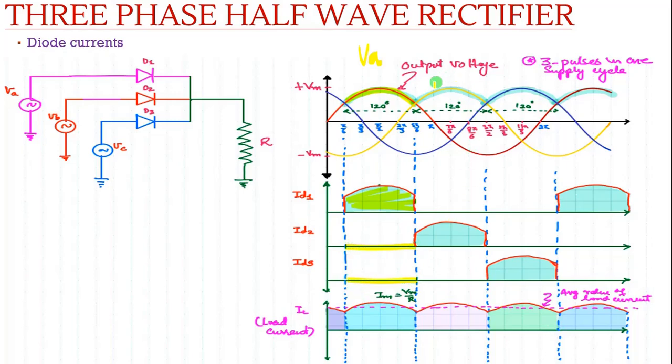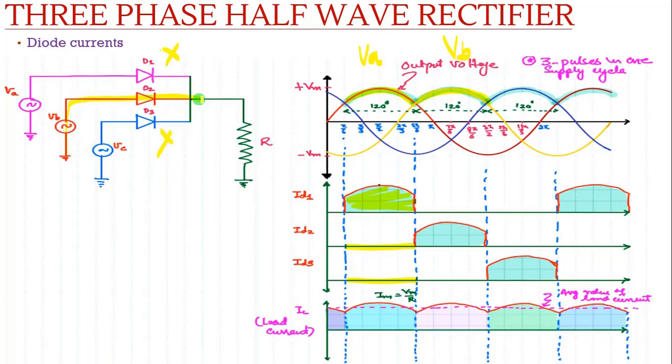And you can see here VB, the voltage across line B, is maximum. So VB will come to the output, and at that time VB is connected to diode D2. So D1 and D3 will be reverse biased, which means only D2 will be conducting.